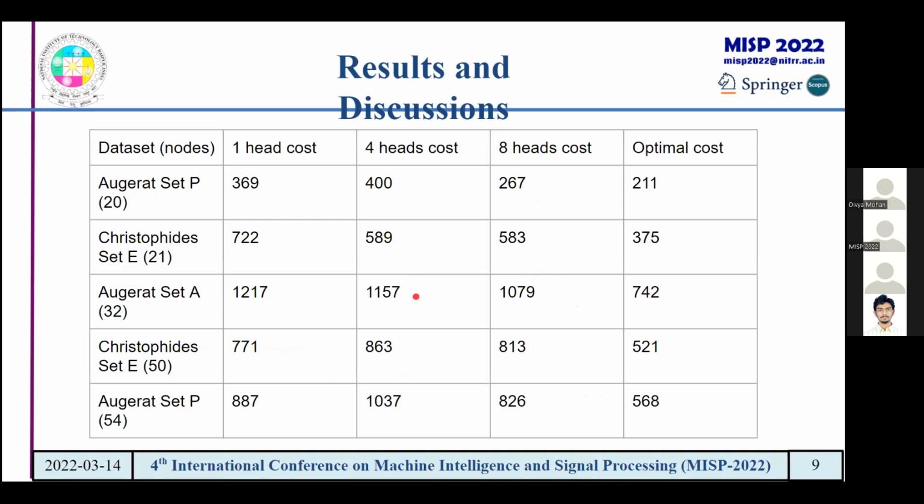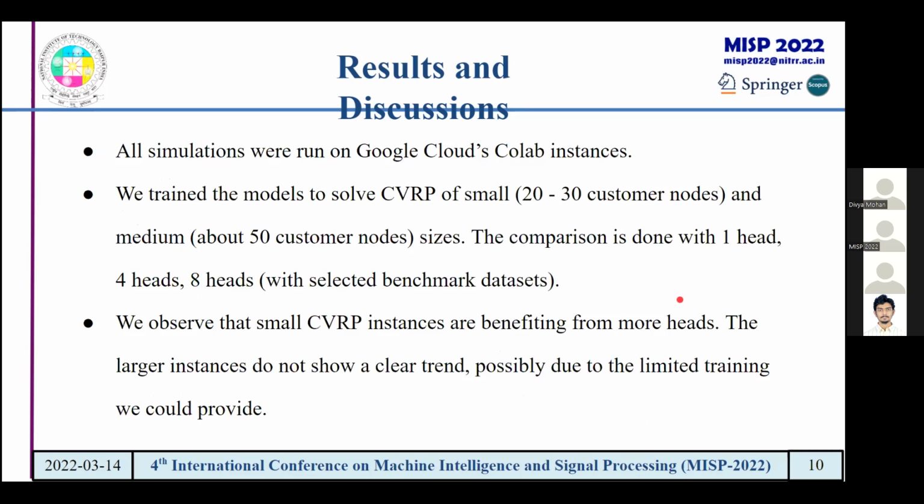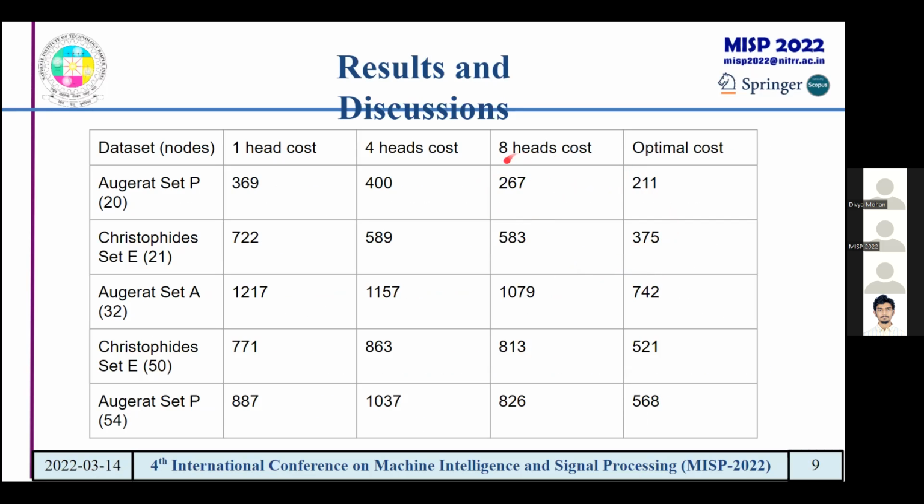So now we have a look at the different attention costs of the various heads. We could only train the models with only one layer because it's highly hardware intensive. And for the smaller number of customers, that is the small problem instance, we can see that 8 heads, that is the multi-head model, clearly outperforms the single head and 4 head models.